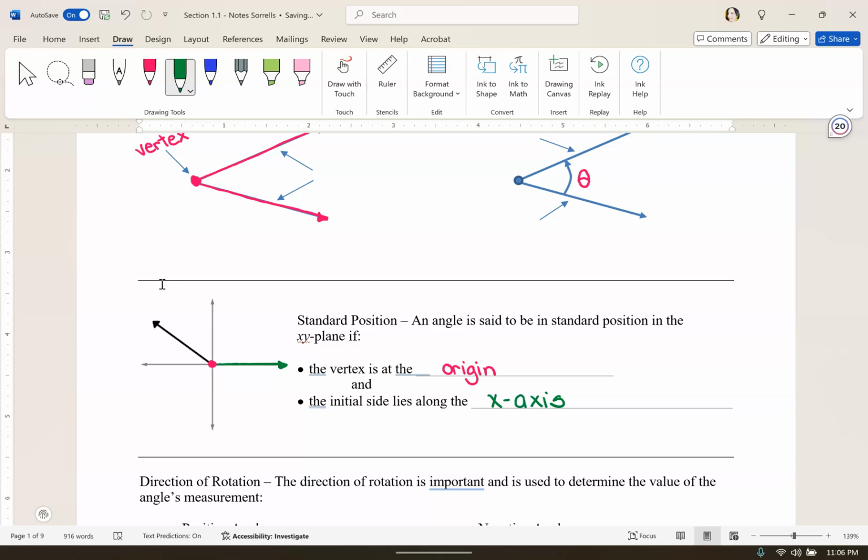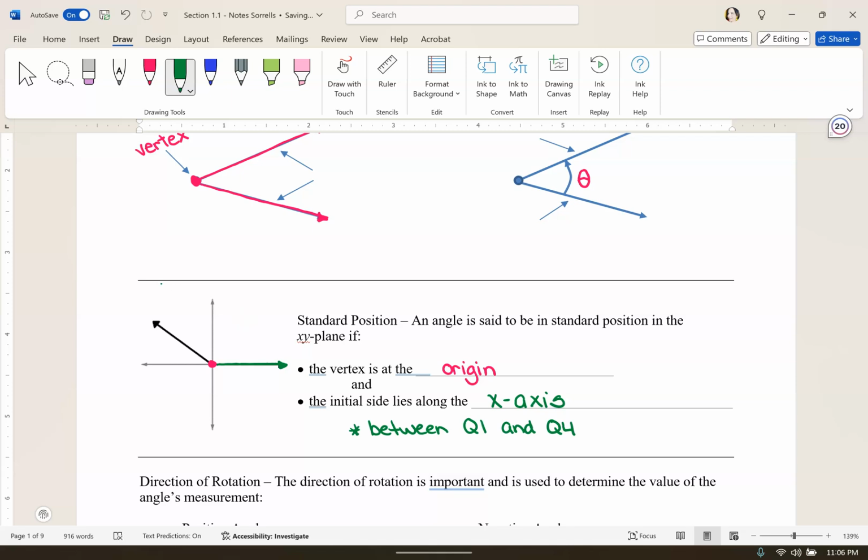Remember that the x-axis lies between quadrant 1 and quadrant 4. If you've forgotten, it's okay. Actually, I don't want it in green.